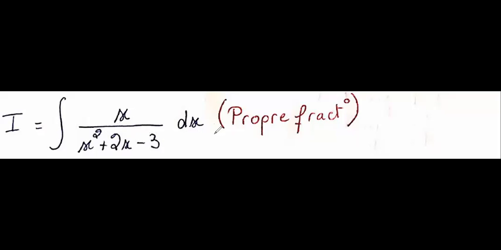Because if it is, we can go to the form of integral of u prime over u dx, which is equal to ln absolute value of u. I have another video explaining how we use this rule, and I solve multiple integrals in it.